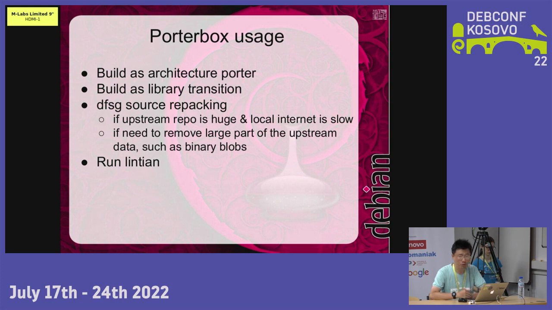If the upstream repo is huge and we don't have a good local internet speed, such as when I work at a coffee shop, and need to move a large amount of upstream data such as binary blobs, we can use the Porterbox to do the repackaging of the source code. The final one is that we can run Lintian, the source code checking tool, on the Porterbox.